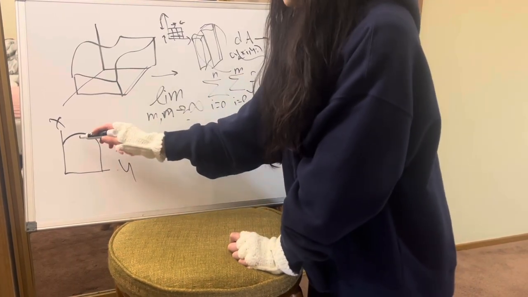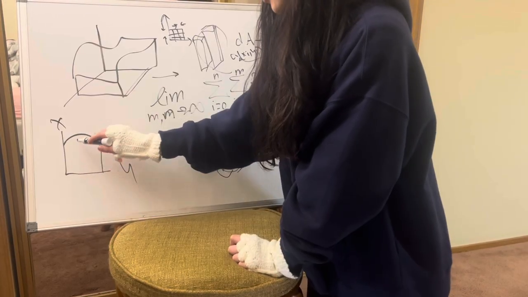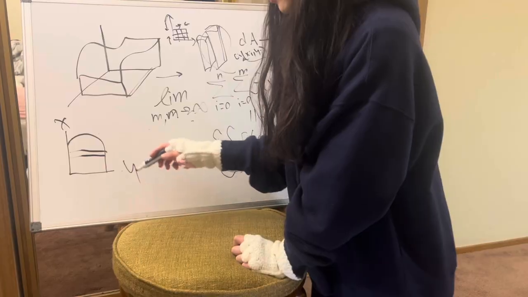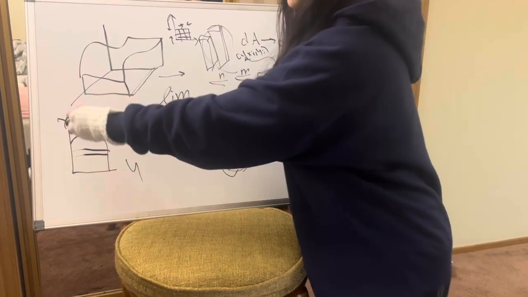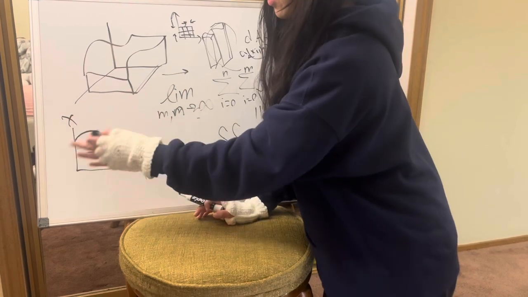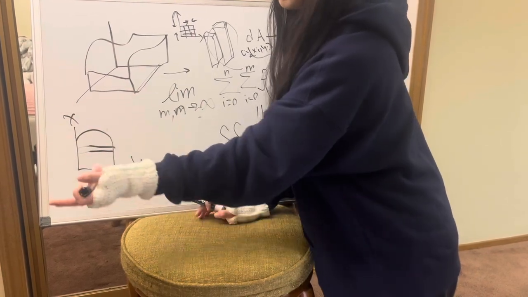If we are doing it horizontally simple, it will be like this. It would be like taking a bunch of slices this way. You can imagine the function sticking out like this and having a varying z value.